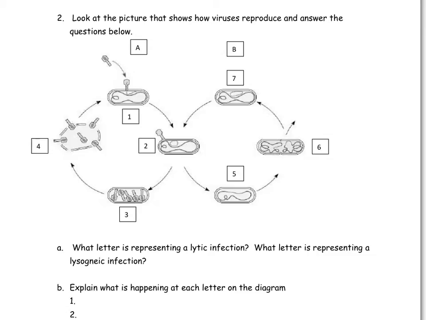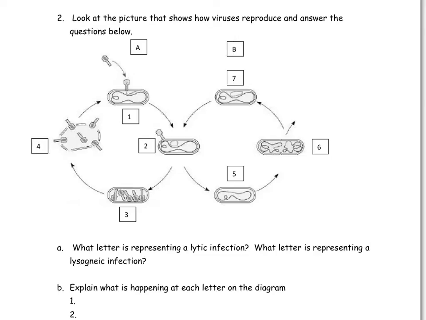And the lytic cycle follows this 1 to 2 to 3 to 4 and then back to 1. And letter B is showing the lysogenic cycle, which kind of starts here at 1, it goes to 2, then jumps over here to 5, and then 6, and then 7. So let me talk a little bit about each one, and then as I talk about it, you can fill it in at the letters below.